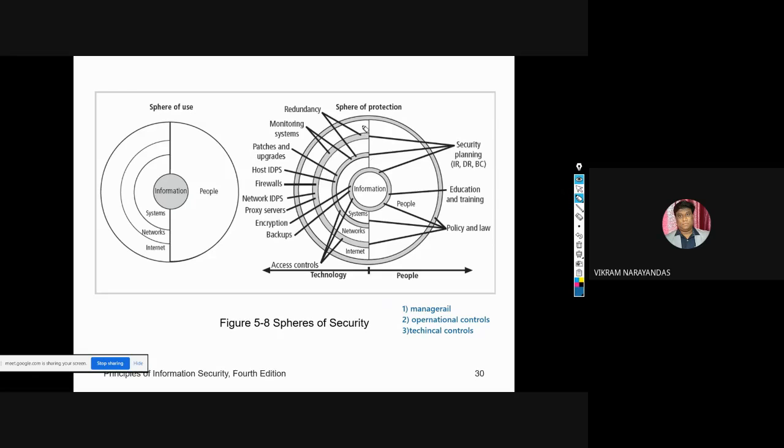So there are different layers, spheres of protection, for the different levels: for information, people, policy and laws, education and training, security planning, incident response planning, different access controls, and different technologies.